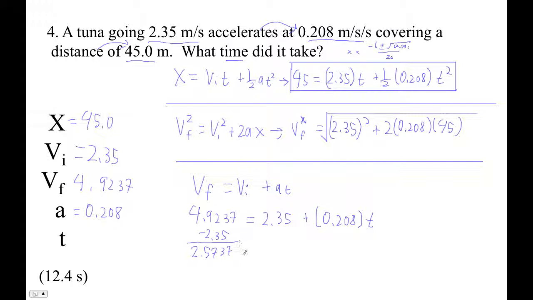That's all we did was subtract. 2.5737, right? That equals 0.208 times t. There's supposed to be parentheses there. And I guess what we do now is we divide this by 0.208.